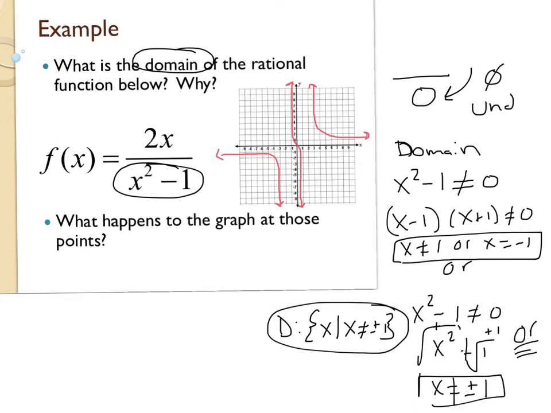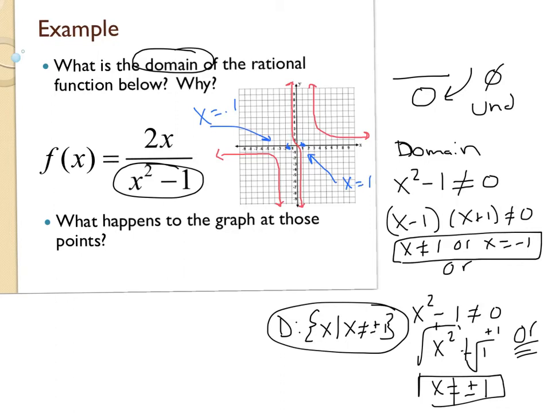What happens at these points? So at this point right here, which is at x is equal to -1, and at this point right here, which is at x is equal to 1, we have these empty spaces or gaps.